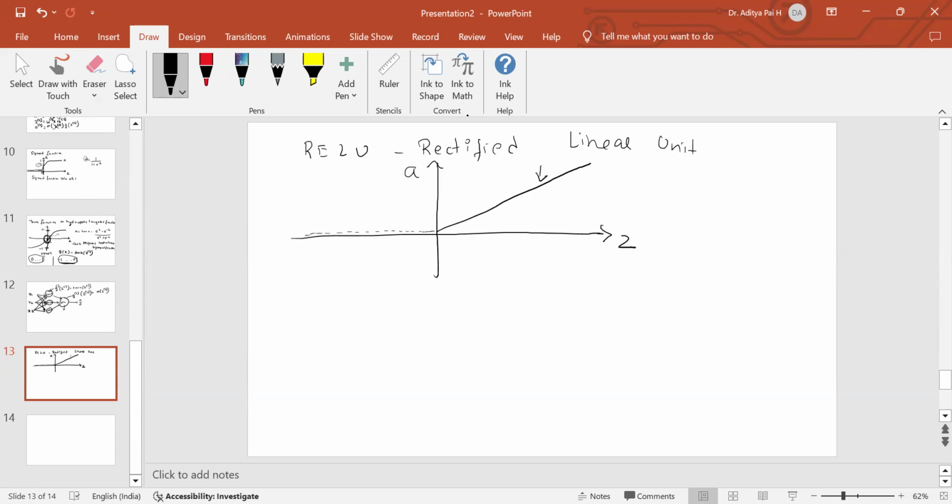So you can say that A is equal to max of 0 comma z.